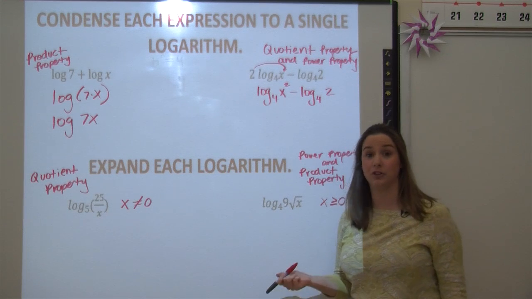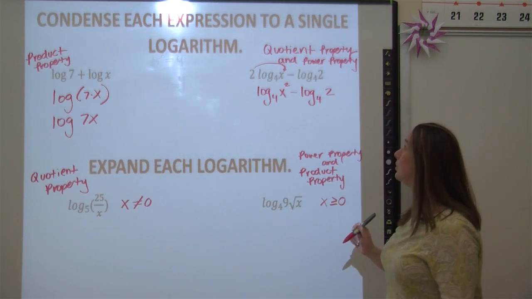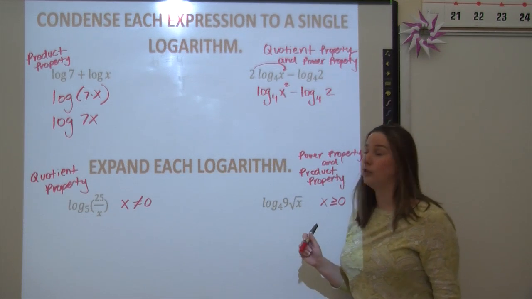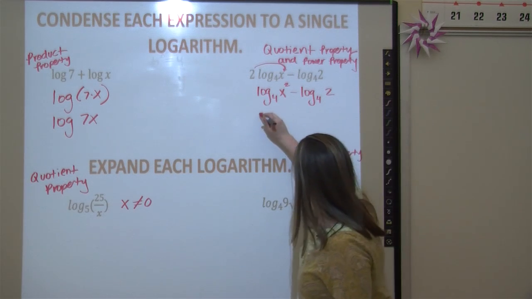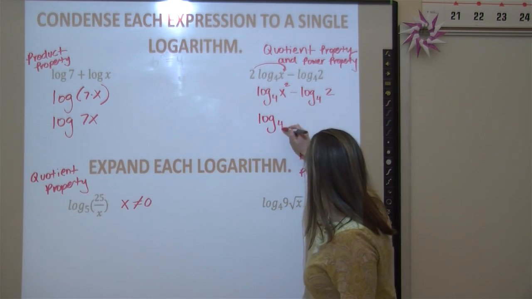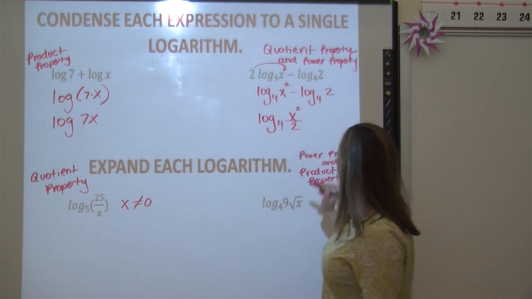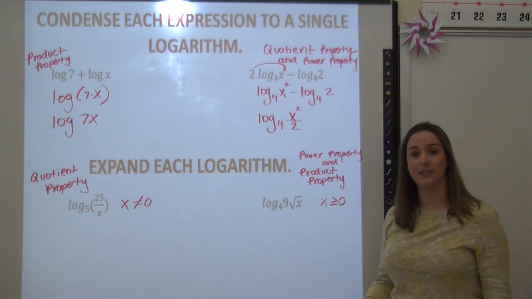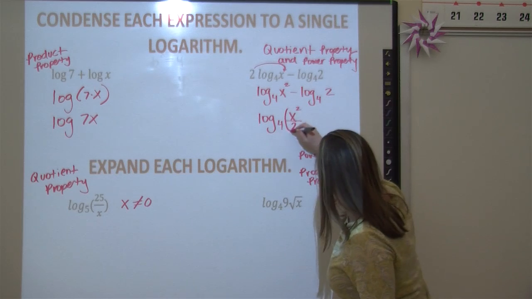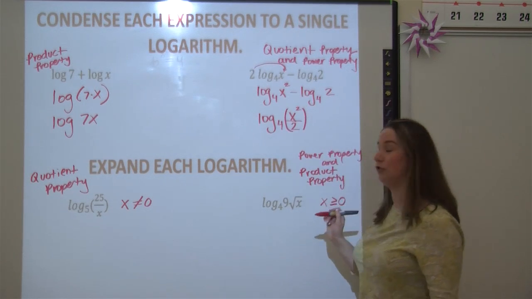So that's one of my first steps here. Now I want to use the quotient property in order to simplify this and condense this even more. So log base 4 of x squared over 2 is going to be how this simplifies. And I want to be very careful with my notation.